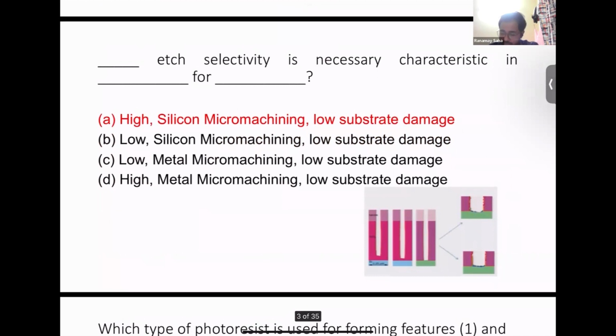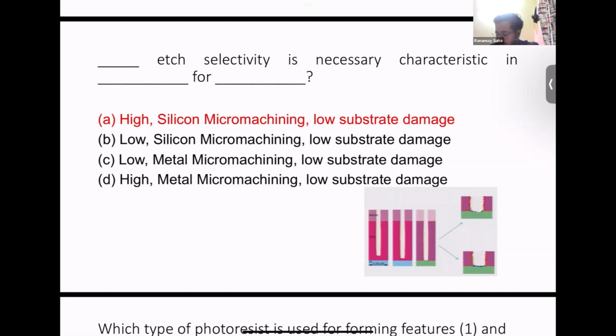So the next question asks for etch selectivity. In the last session, we have vividly discussed what etch selectivity is, how many types of etch selectivity are actually there. So high etch selectivity or low etch selectivity is there.